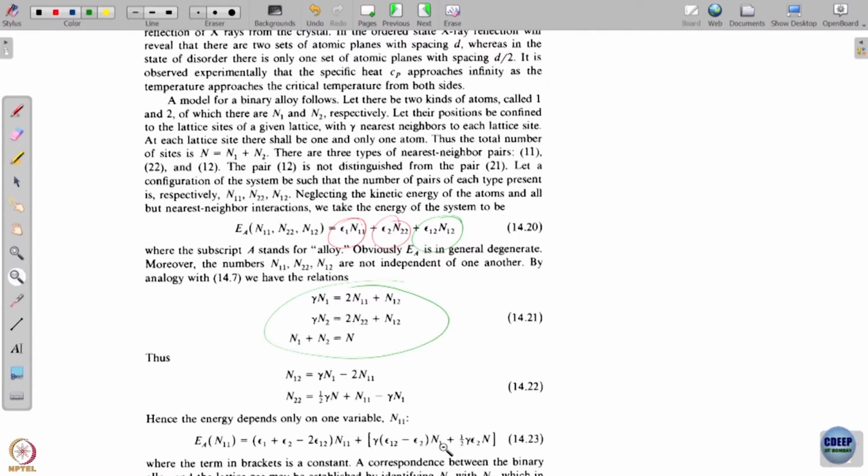This reduces to exactly the same Ising model.